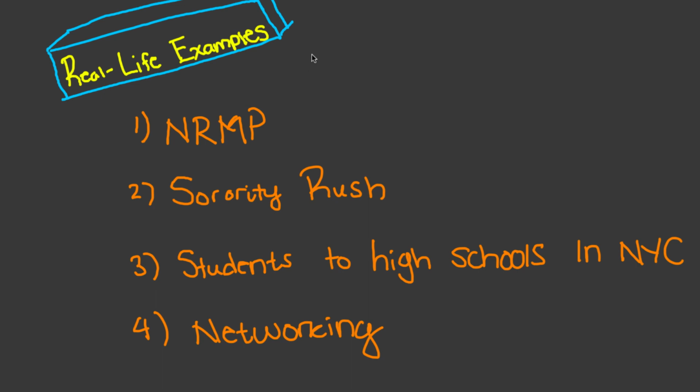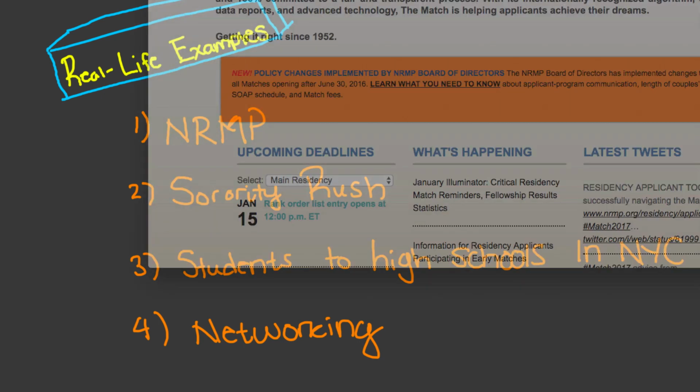The NRMP is the National Residency Matching Program, which is a nonprofit organization for doctors or medical students that are looking to seek residency with their preferred hospital and get matched up with the best possible hospital.